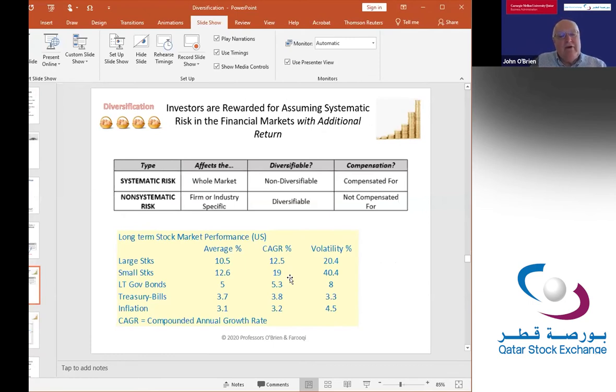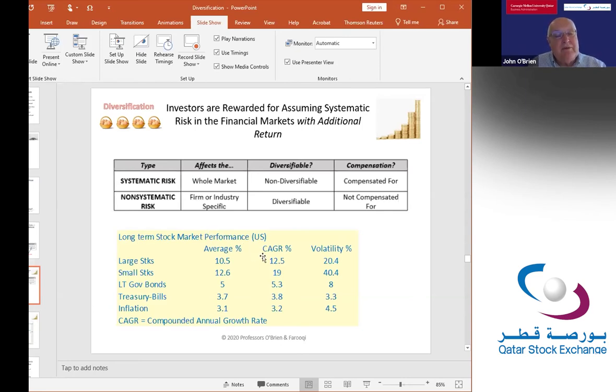Now, sorry, I skipped over one slide, and this is an important slide. So let me just hold that thought for a second and just illustrate how this table shows you get compensated for systematic risk. If we look at the long-term performance of the US markets, this is over 100 years, so we're looking over the long run here.